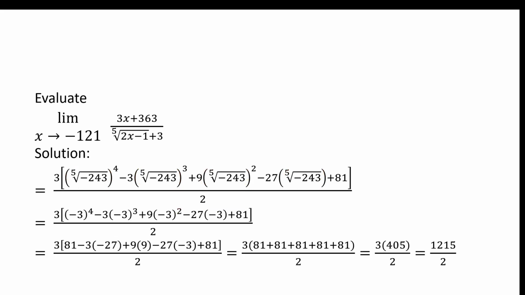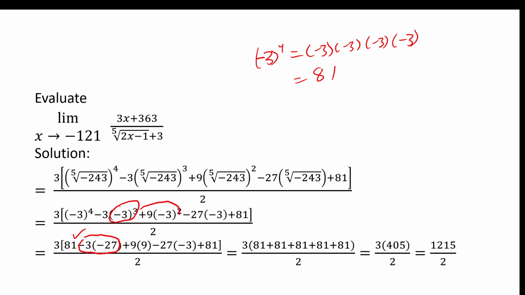Okay, so we plug those in. Now, negative 3 quantity to the 4 is actually going to be a positive number because it's 4 of these negative 3's multiplied, it equals 81. Okay, negative 3 quantity cubed is a negative 27, but remember we're subtracting 3 times it, so it's minus 3 times negative 27.